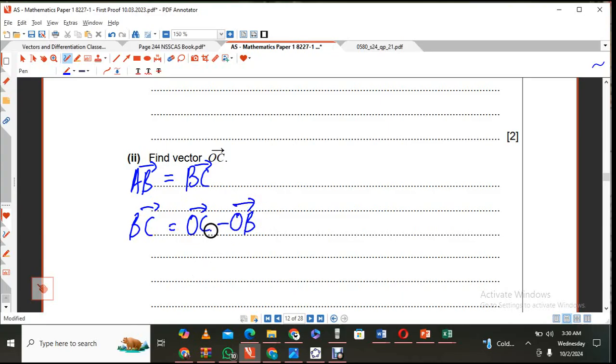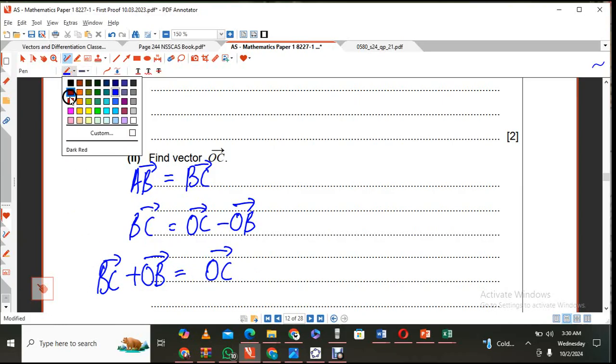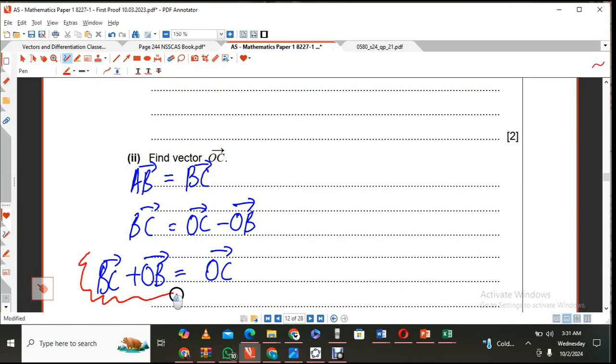Okay, so we are looking for OC. Looking for OC tells me that you are going to be adding. So it's like making OC the subject of the formula. So OC will equal vector BC plus vector OB. So this is what I'm interested in in order for me to find this particular answer.